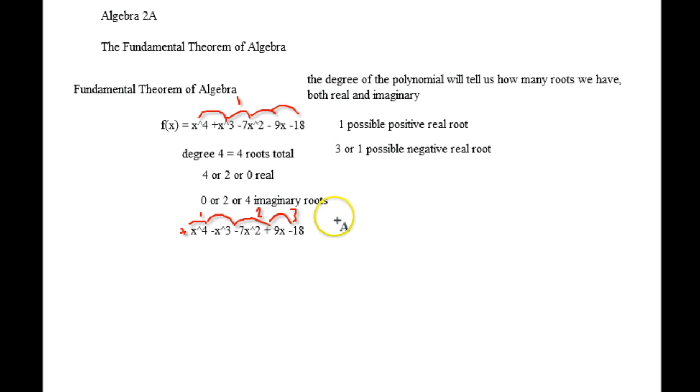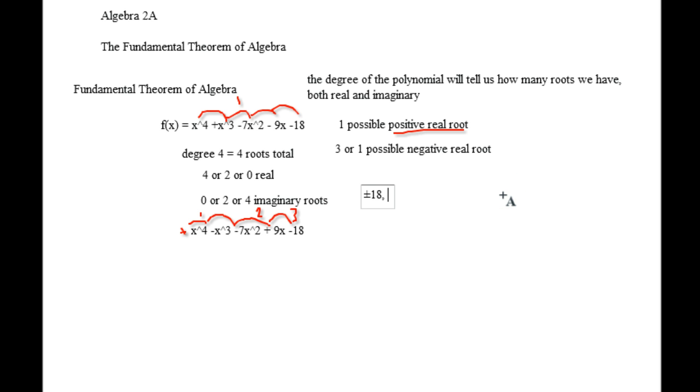That will help eliminate some stuff. Now, here's the cool thing. If I find a positive real root, I don't need to test any of the other positive numbers because they're impossible by René Descartes' rule of sign change.